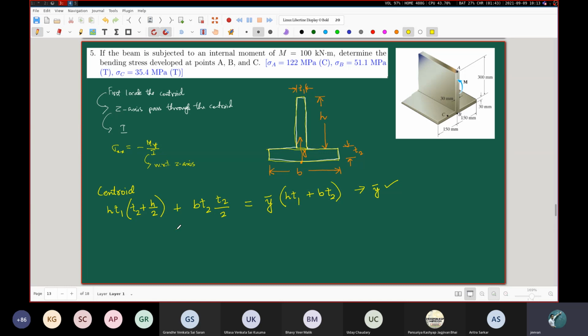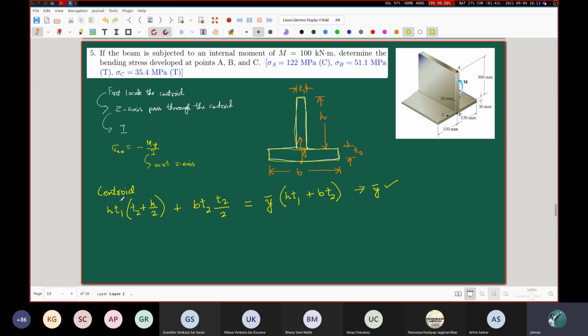As per the theory that we discussed yesterday, the area moment of inertia has to be calculated with respect to the z axis which is coincident with the neutral axis, and we know that this neutral axis must pass through the centroid.